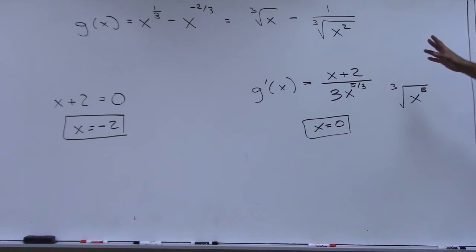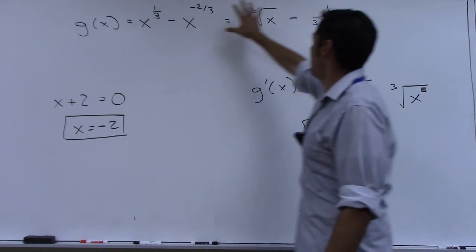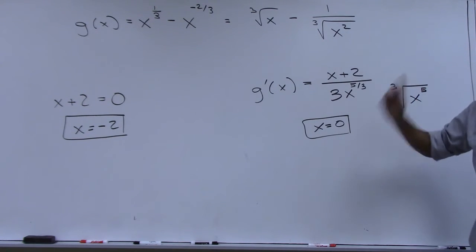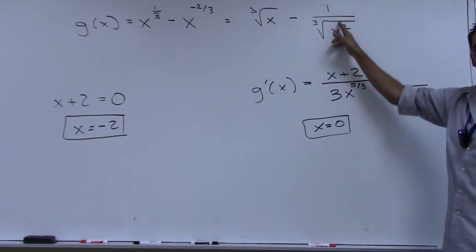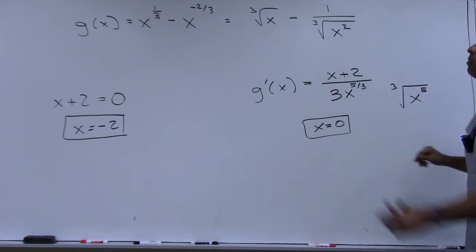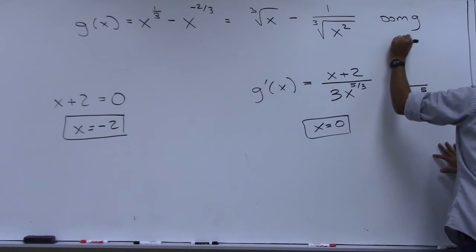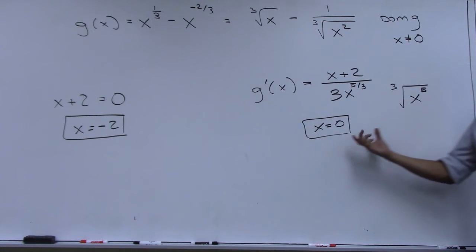Were there any domain restrictions on our original function? Anything I cannot plug in here I've got to avoid? X couldn't be 0, right? If x is 0, don't you get division by 0 here? So when I look at this, the domain of G, x cannot be 0 is my domain restriction. Which means, can this be a critical number?